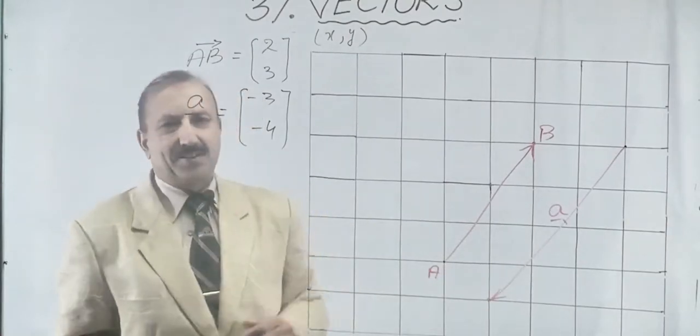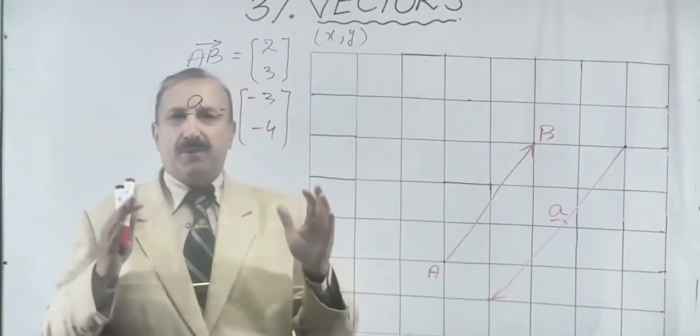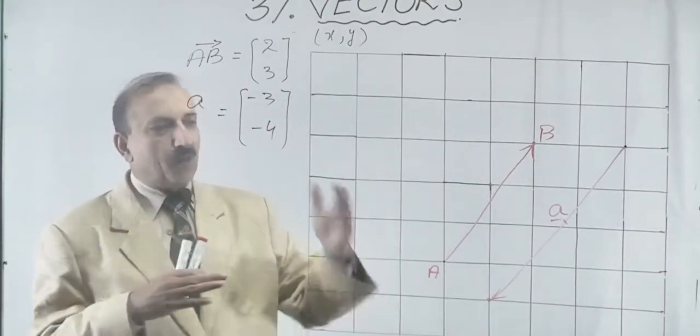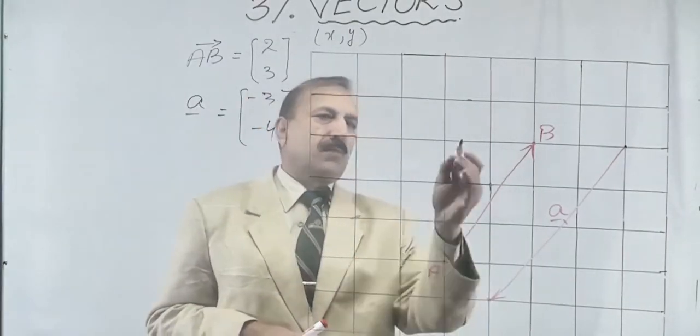And there is a second scenario involved in this topic: there might be an already given vector that is already drawn. For example, the examiner has already drawn a vector.